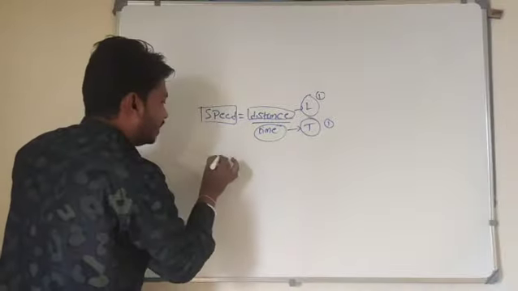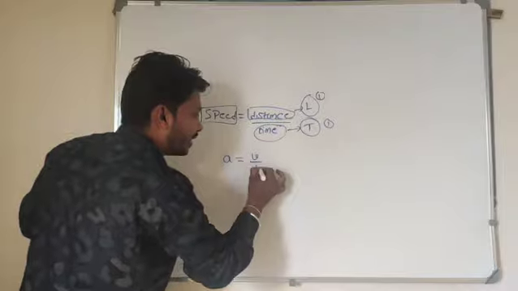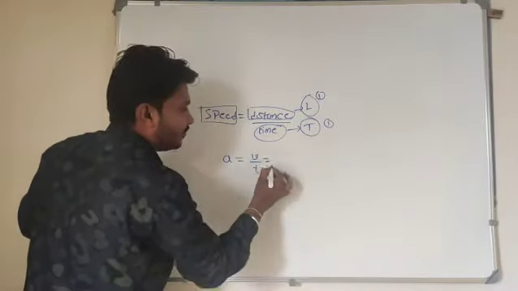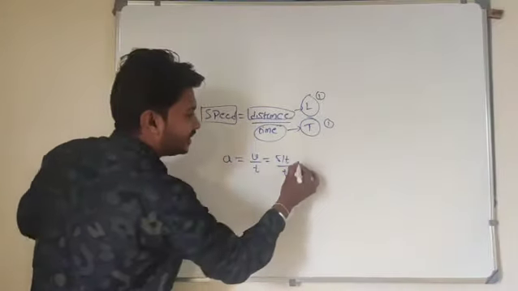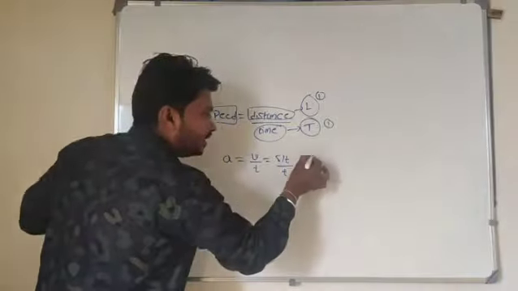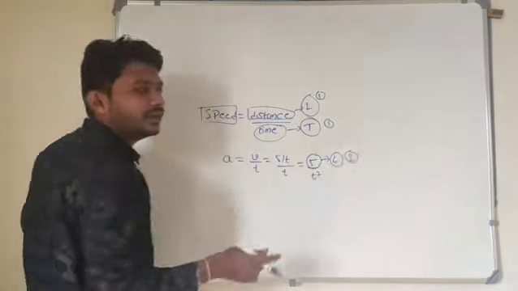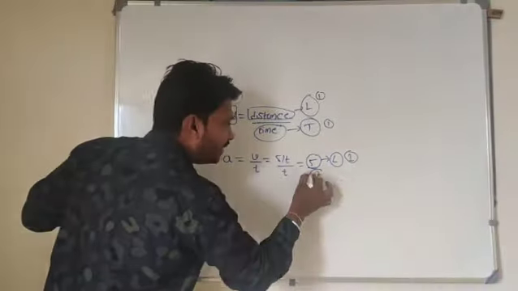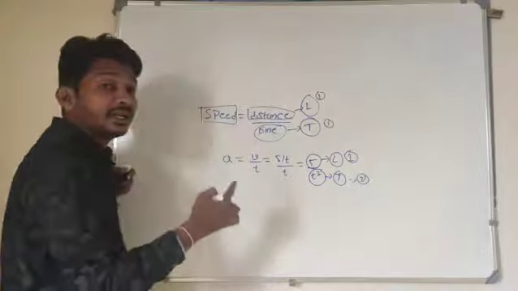Let me give another example. Acceleration is equal to what? Velocity by time taken. Velocity I can write as displacement by time, and in the denominator the time term is there, so displacement by time square. Here displacement is nothing but length, repeated one time, and time square means time is repeated two times.